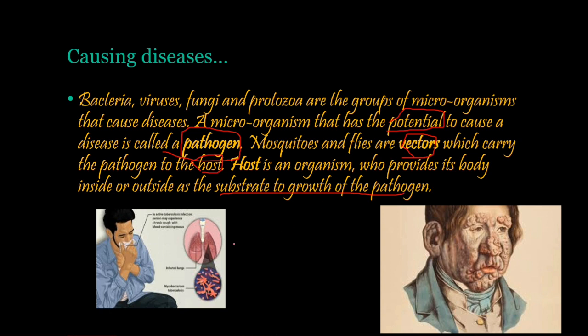So the first one that we mentioned is pathogen. A pathogen means the one who causes a disease, and vectors means the one who spreads the disease, and the host means the organism that is grabbed by the disease. Okay, so let's move on.